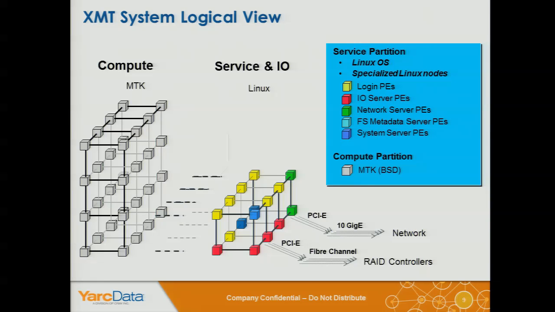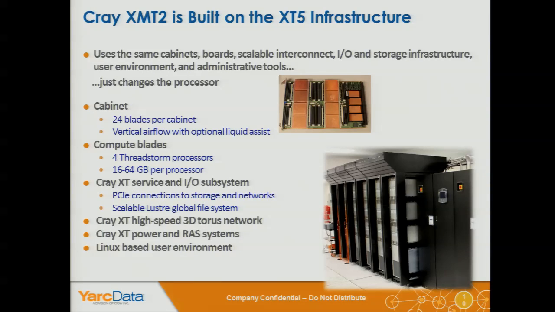Most of the database world is based on Java. So you have to have some place that we can run Java in the system. So that goes on to the service nodes. And of course, all I/O is connected off of these service nodes to Lustre and to the outside network. Any questions on that? This may be familiar to people who work at a Cray shop. It's our standard model.